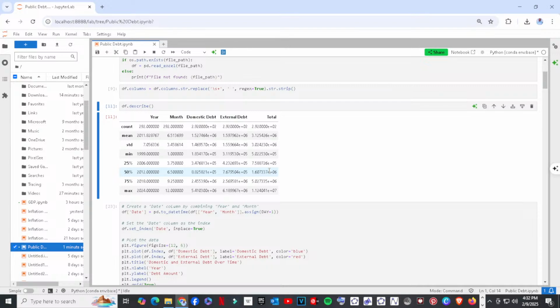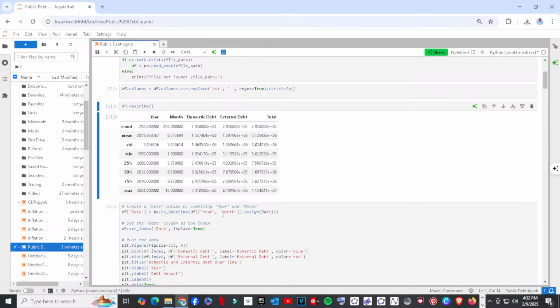More particularly, there are governments that choose to borrow heavily domestically, so we'll see that gap when we look at the trend. The median values show that half the time the domestic debt was below 883 million, while external debt was below 768 million.